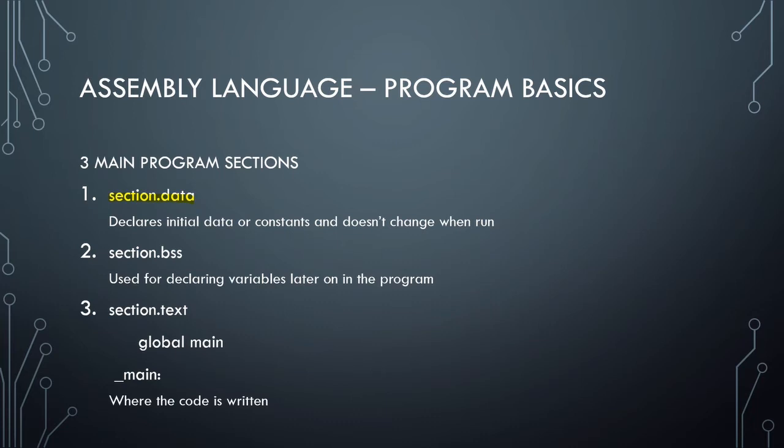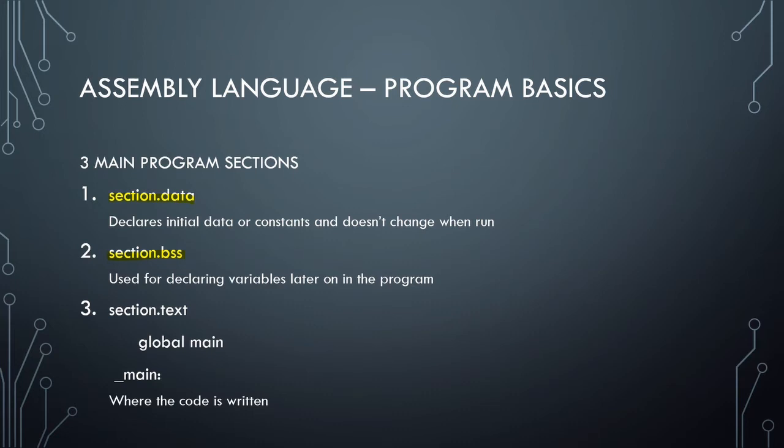The next one looks like section.bss, and this is where we declare the variables that we use. So if you're going to have a variable that's constantly changing, say you need a random number that's always going to be changing, you can declare the variable random number, and then you can keep changing that random number as you go through the program. So this section is where we would declare all of our variables.